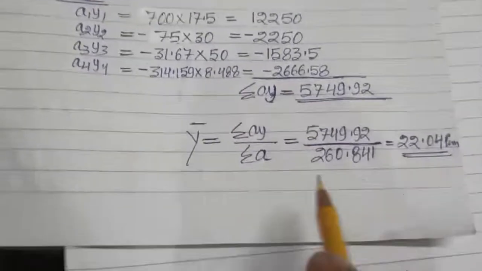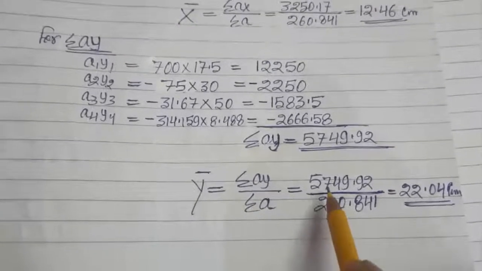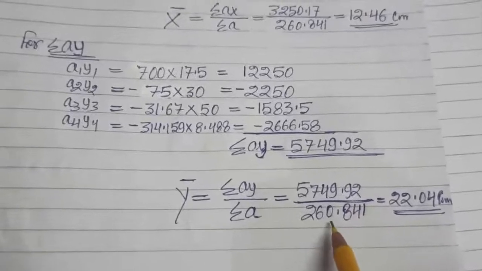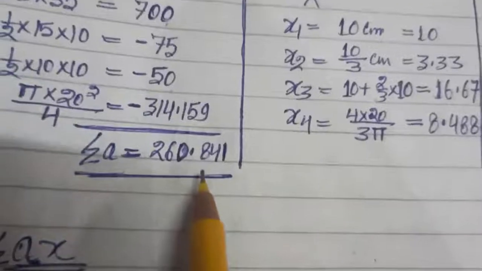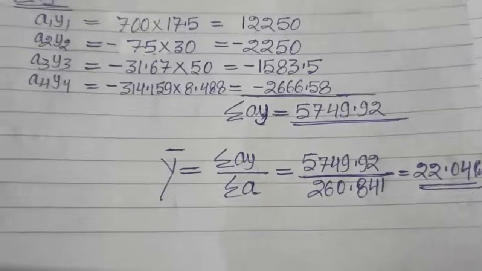5749.92. So y bar is summation ay upon summation a, equal to 5749.92 divided by 260.841. This will give 22.04 centimeter.